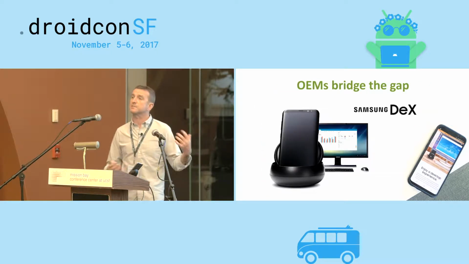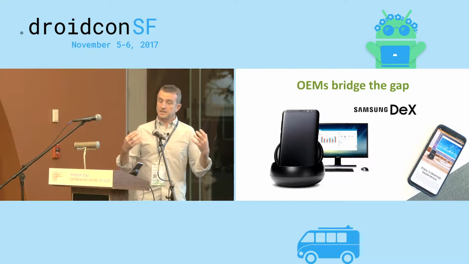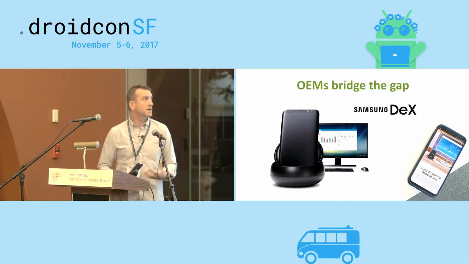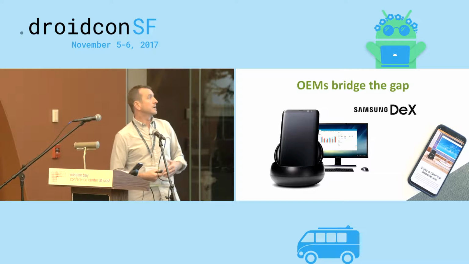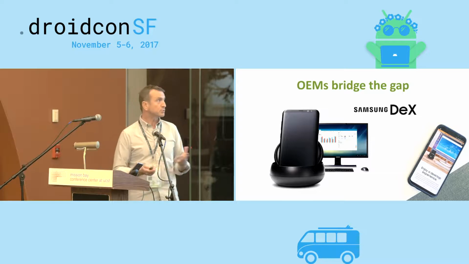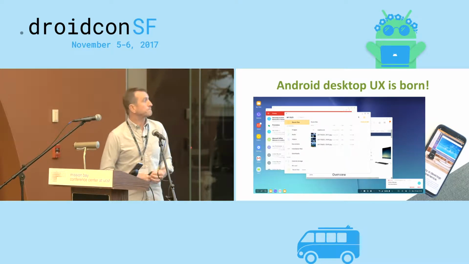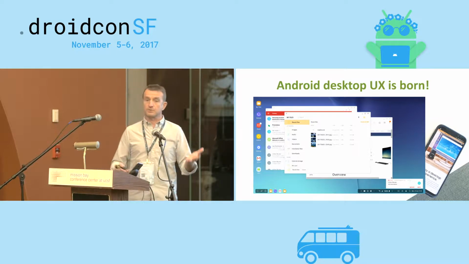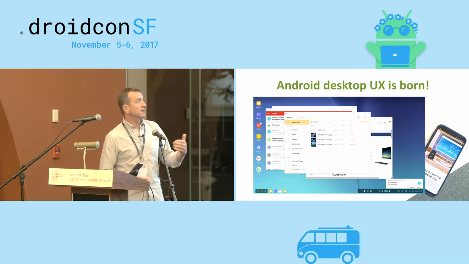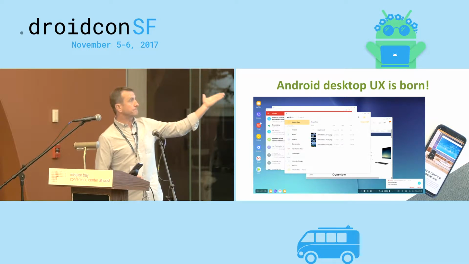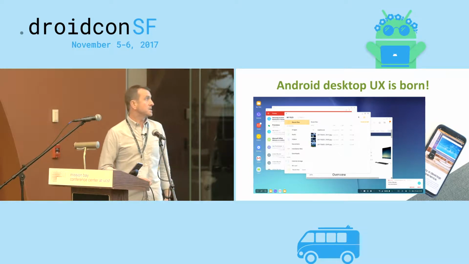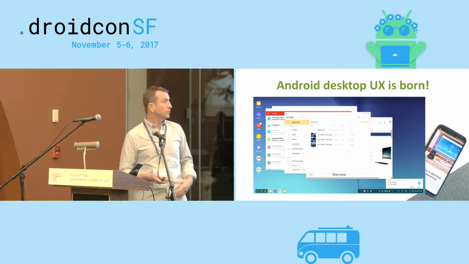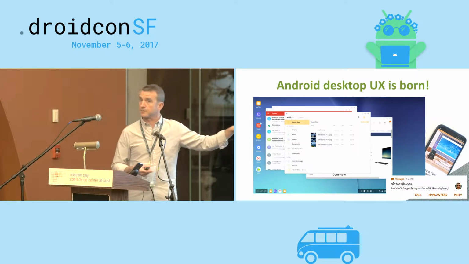And this is where the OEMs step in, adding missing pieces of software and providing some hardware. And since we're from Samsung, today we're going to talk about our own product that enables a true desktop experience for Android. So this is what happens when you plug your phone into a DeX station and connect an HDMI cable, and this is it, basically a multi-window environment, totally resizable windows, all your notifications work, and I actually put a little reminder to myself.